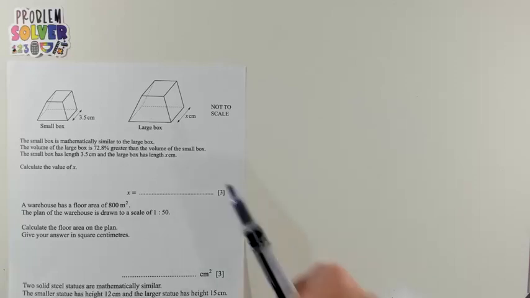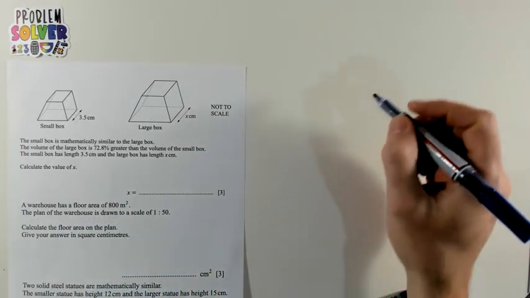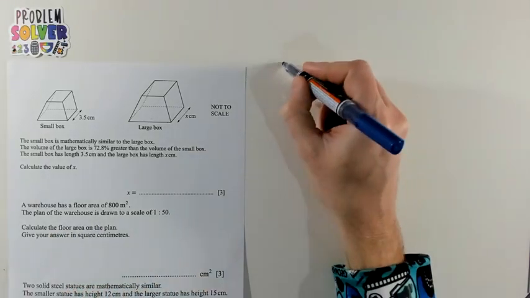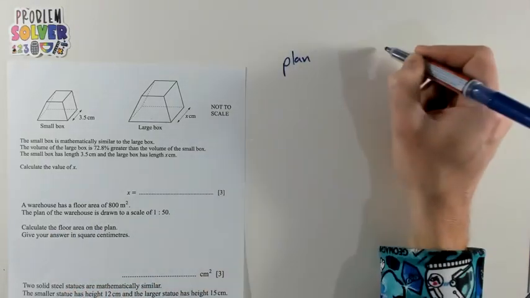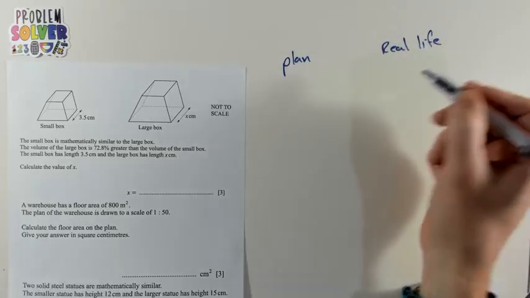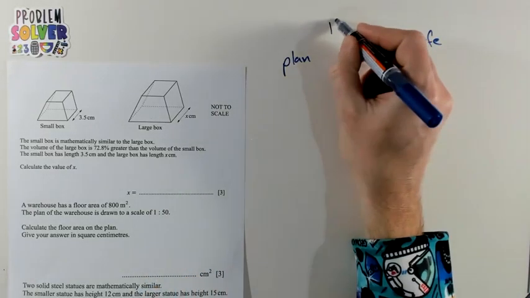Quick one. The next one, there's a warehouse floor area that is 800 square meters. We have a plan and the actual real life, and the scale is 1 to 50.